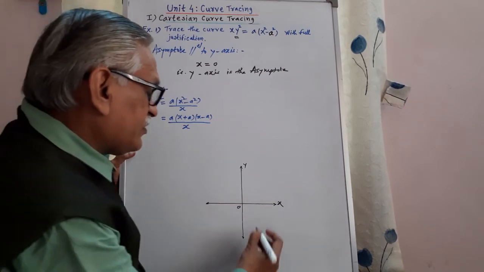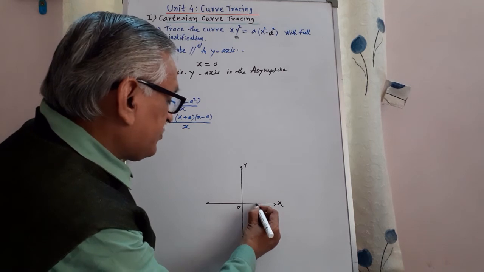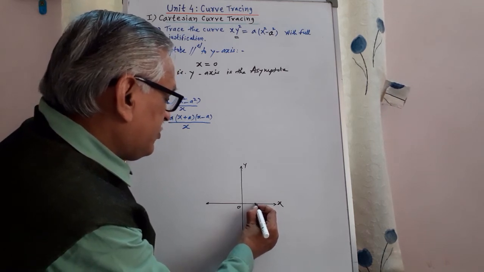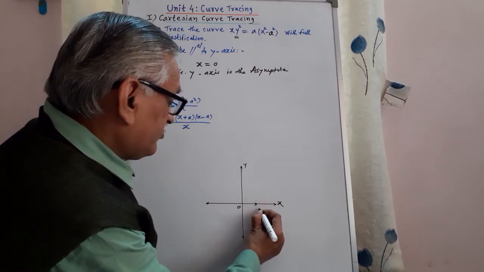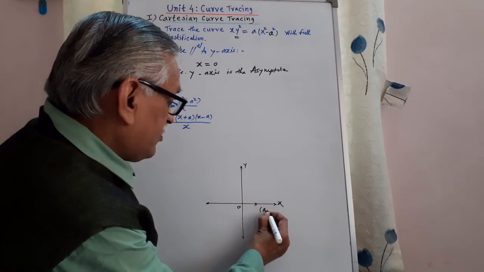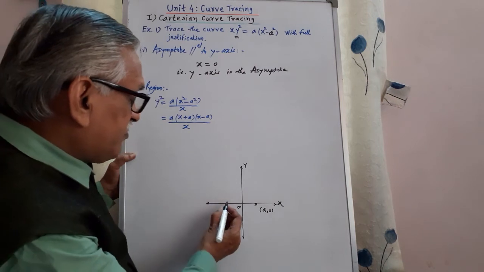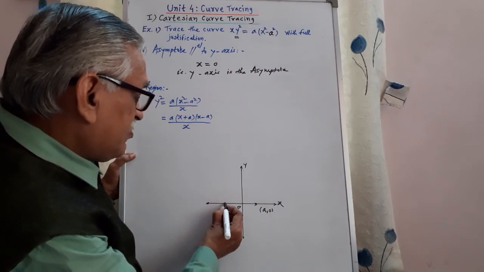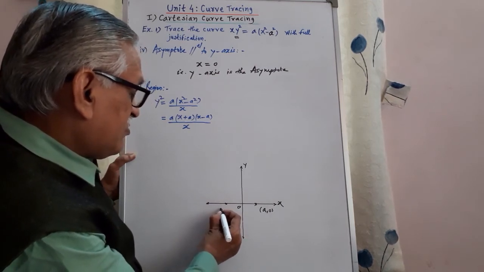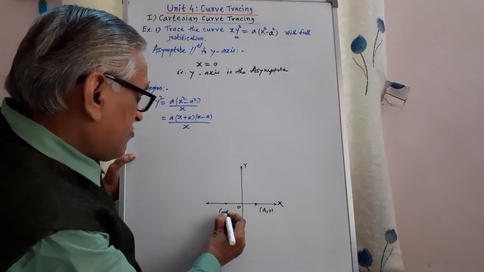Point of intersection, we have 2 points of intersection. One is A0 on this positive x-axis and exactly at the same distance, minus A0.